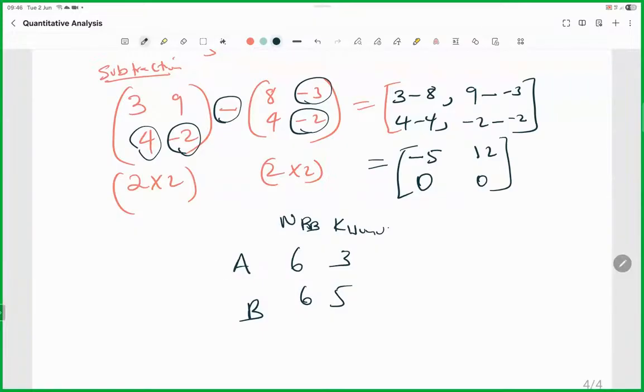This is the cost of transporting goods from A to Nairobi, 6. This 3 is the cost to transport goods from A to Kisumu. The same case with B, Nairobi. Transporting goods from B to Nairobi, 6, like that. Same case with this.